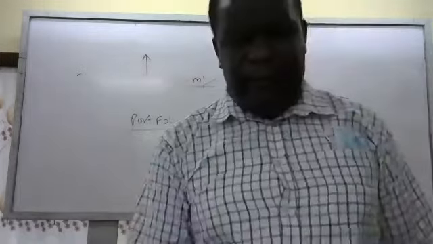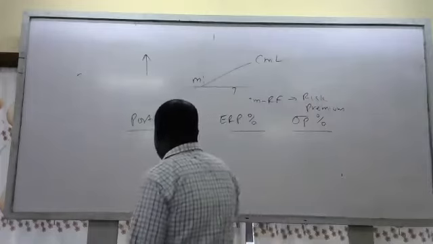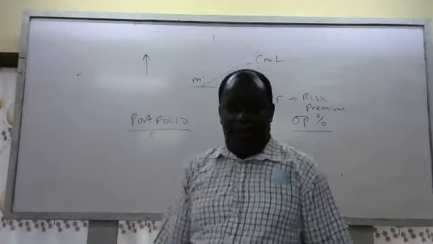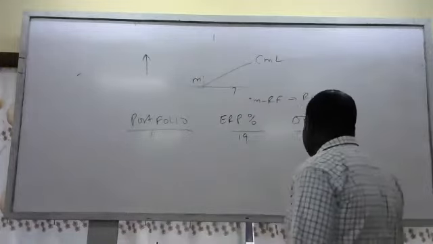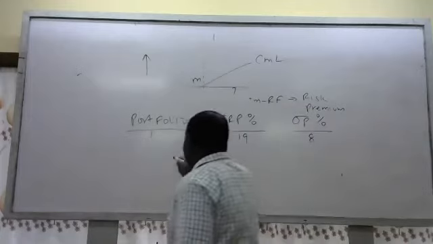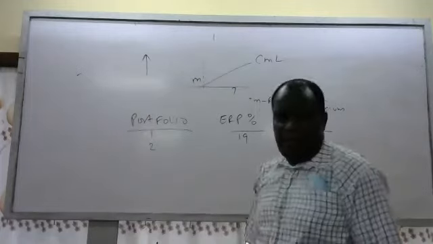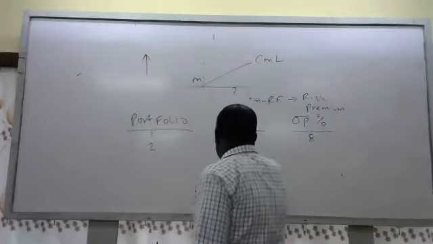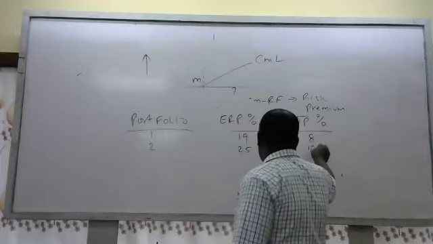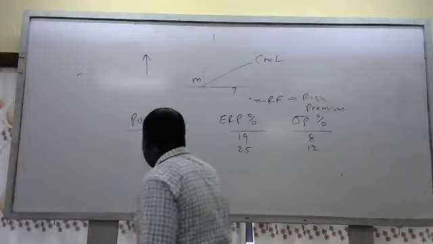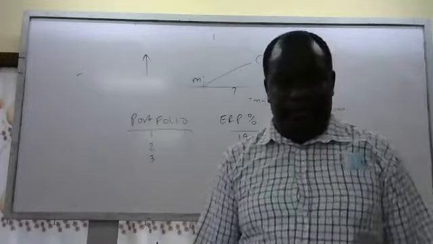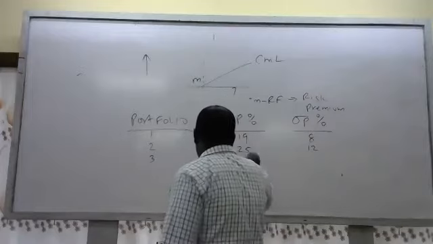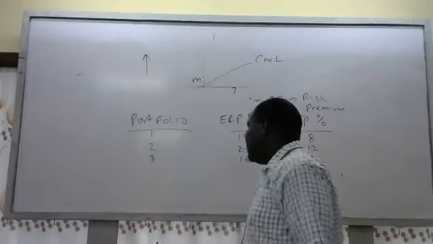So we start with portfolio 1. This one is 19, then the other one, the standard deviation, is 8. Then in portfolio 2, we have 25, then 12. The third one is 16 and also 6.